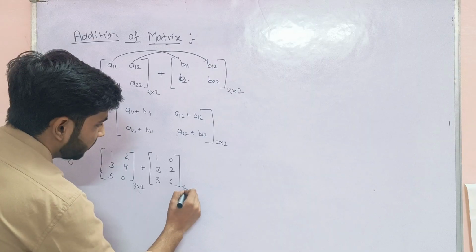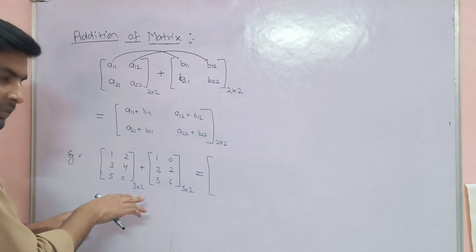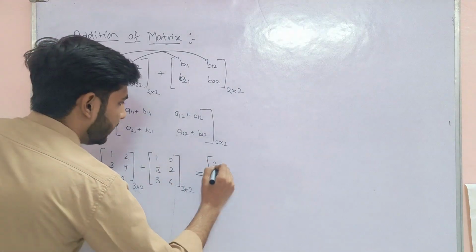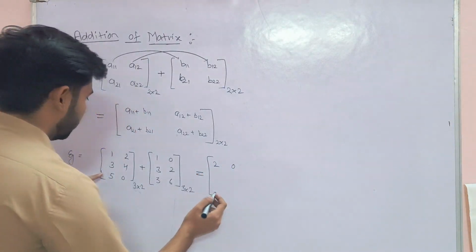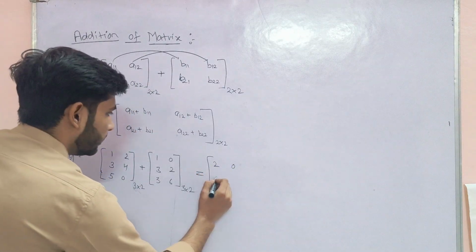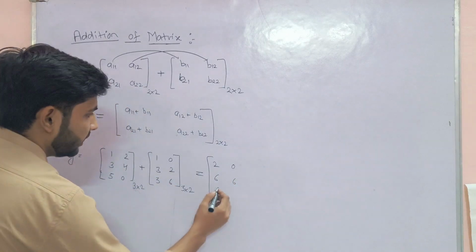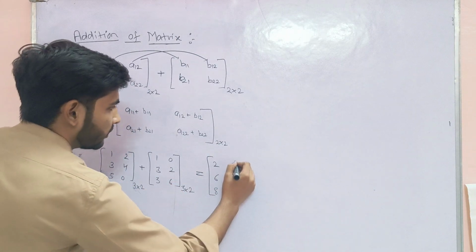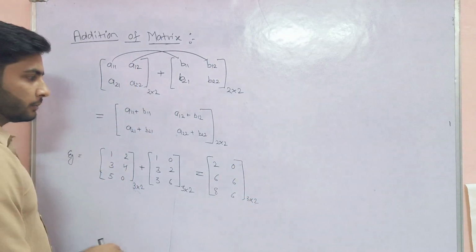What is the order of this matrix? 3 cross 2. We add these matrices. So 1 will add to 1, so we get 2. 2 will add to 0, so 2. Similarly, we add the other elements: 4 plus 2, 6; 5 plus 3, 8; 0 plus 6, 6. So this is our required matrix.